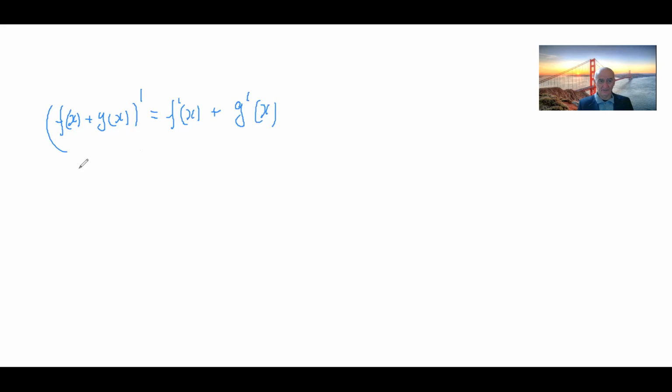And here is an example. For instance, if we have the function x to the power 5 plus x plus 5, its derivative is the derivative of x to the power 5 plus the derivative of x plus the derivative of 5.